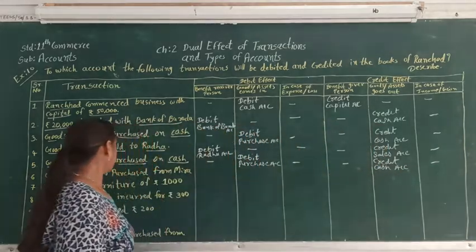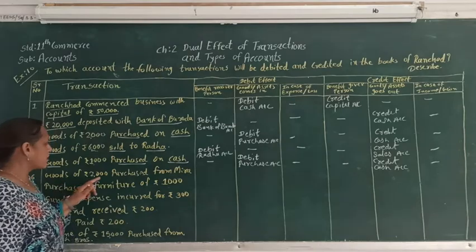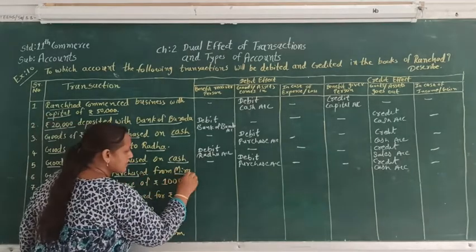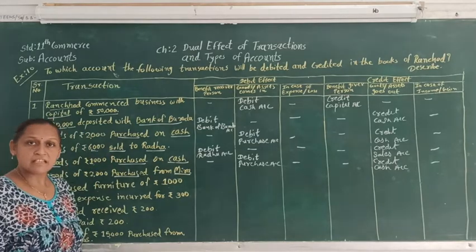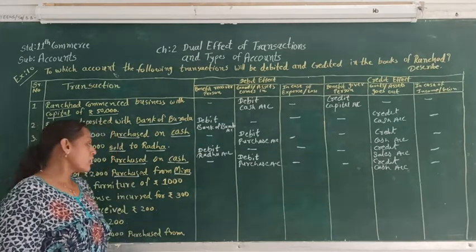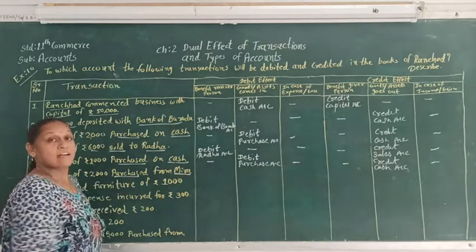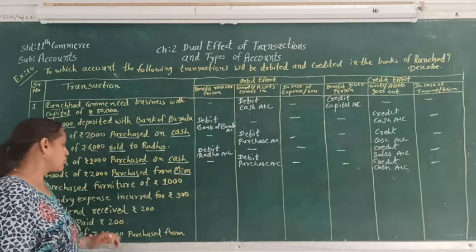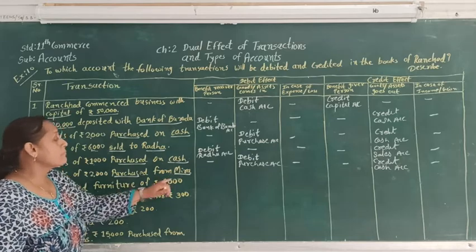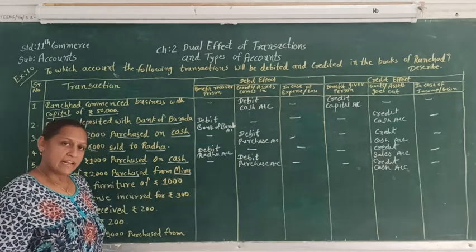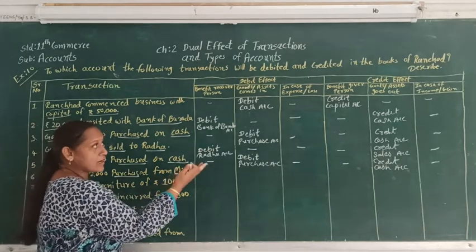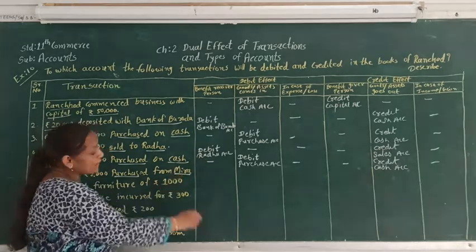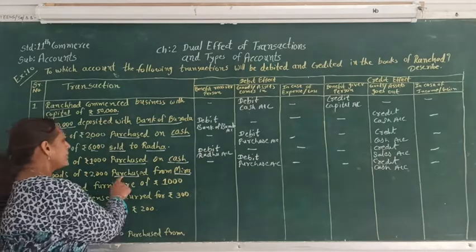Now the next transaction, goods of rupees 2,000 purchased from Meera. Again there is a purchase, but this purchase is a credit purchase. So here Meera is a person, and in the person column we are going to write Meera's name.